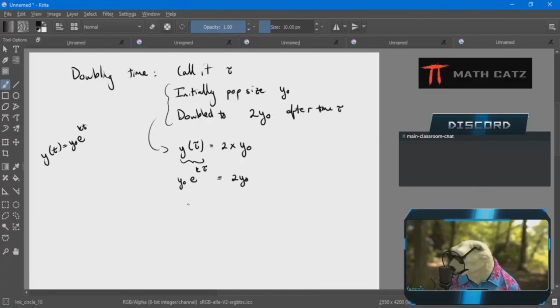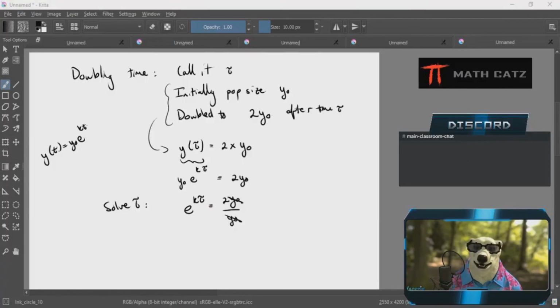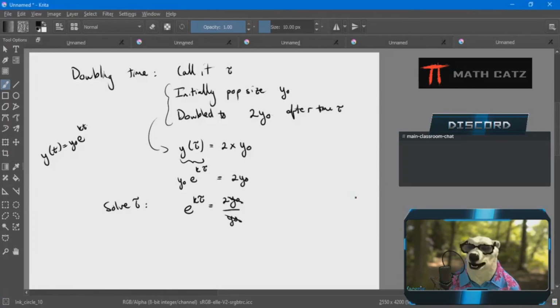Now solving for tau in this equation, I divide both sides by y0, so e to the k tau is 2 times y0 over y0, and the actual y0 value didn't matter. It didn't matter if it was 500 or 10,000 or anything.